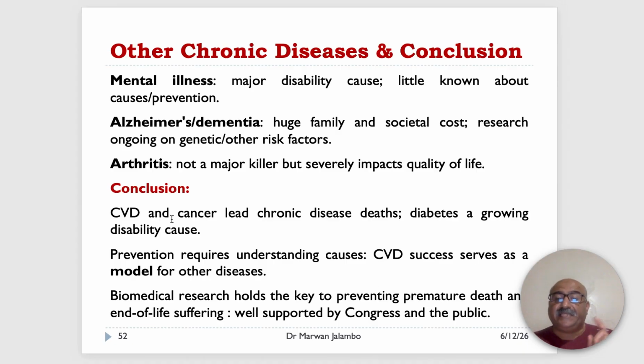Preventing these diseases is a central public health priority, and prevention always begins with understanding the causes. Here's the hopeful part. Our success with cardiovascular disease, where biomedical science and epidemiology together revealed the causes and gave us ways to prevent or delay it, serves as a model of what we hope to achieve with every other chronic disease.